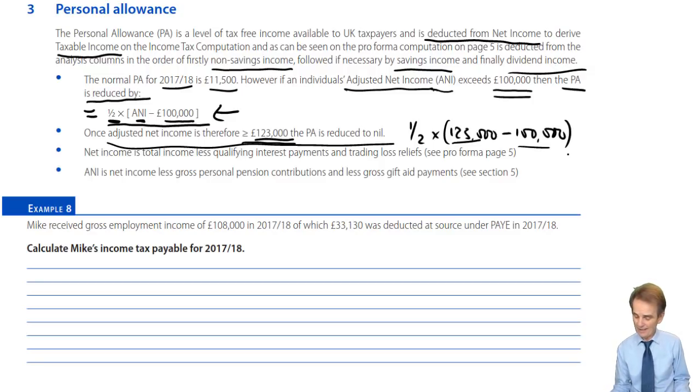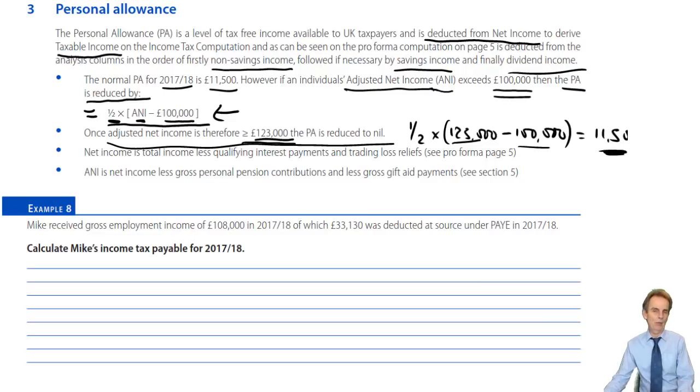Half of 23 equals 11,500. So you would be reducing that personal allowance of 11,500 by 11,500 and be left with nothing. So any adjusted net income figure from 123,000 upwards, doesn't matter then how high it is, simply means that there is no personal allowance available.